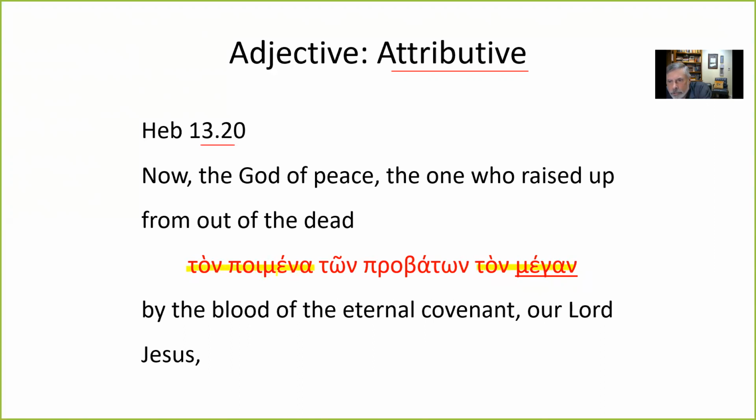Now, I realize that you may not recognize this right off as an accusative singular masculine, or I think it's neuter. I can't remember now. Whether it be masculine or neuter, it's in agreement with it. I know that really easy because of the article here. So it's the great shepherd, and this is describing the shepherd, the great shepherd of the sheep by the blood of the eternal covenant of our Lord Jesus.